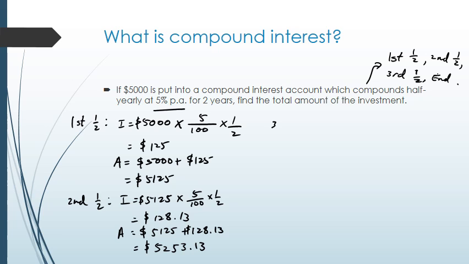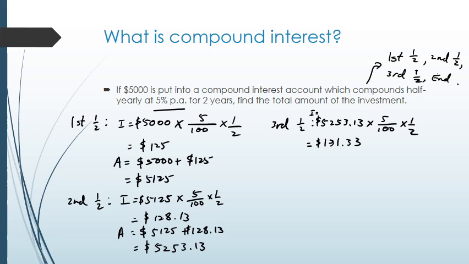Alright, third half of the year. Third half of the year, we started off with 5,253.13. We get 5% per annum for it, but only get half of it because it's half a year for our interest. Sorry, wrong one. We get 131.33.